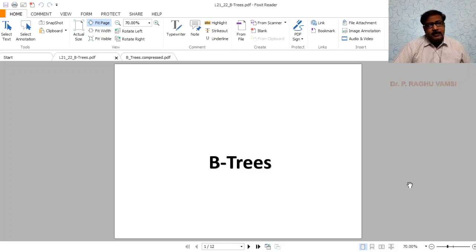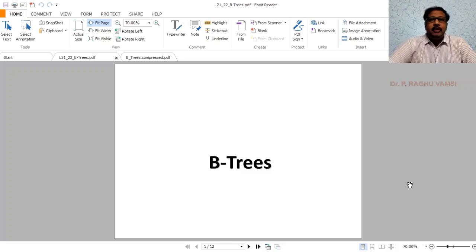One more thing is, so far, whatever tree concepts we have studied, either binary tree, binary search tree or AVL tree, are especially aimed at loading the elements into the main memory and performing the operations, right?